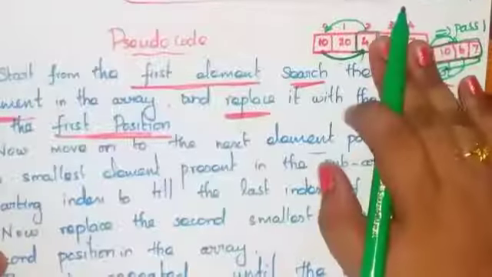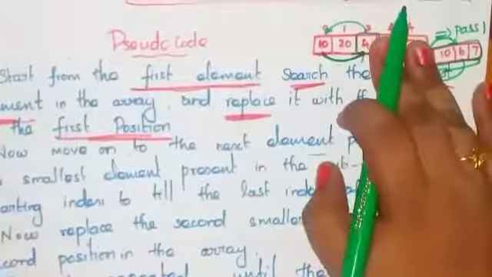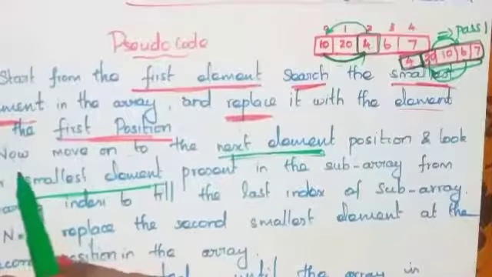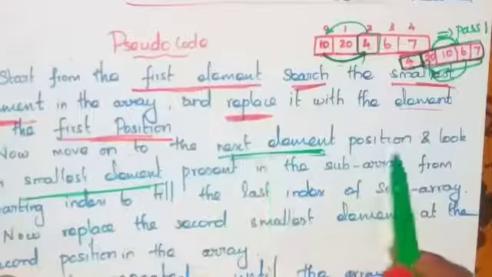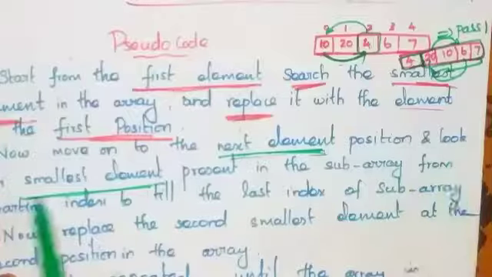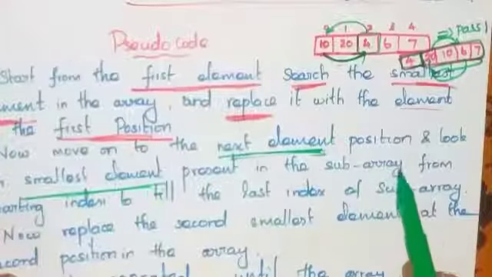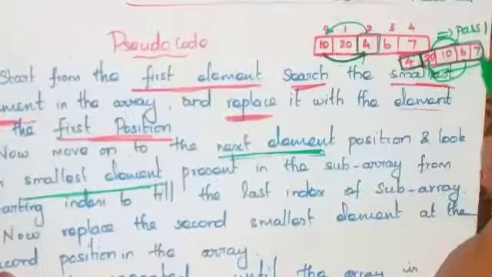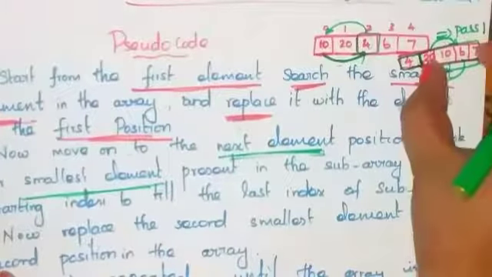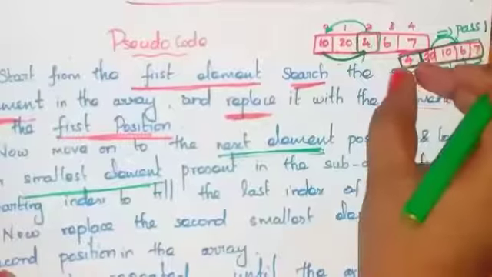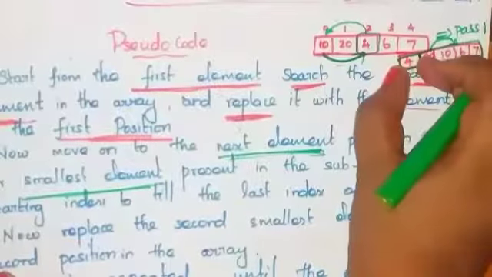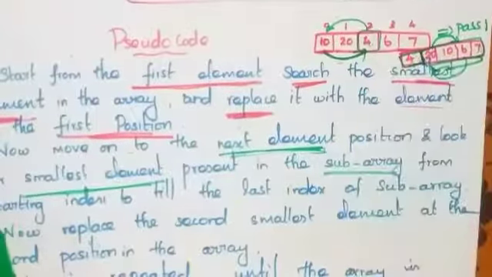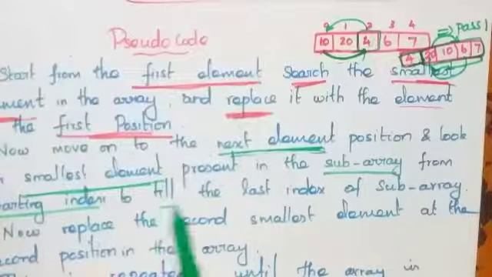Next, leave these 2 elements and take the next 3 elements. Now move on to the next element position and look for the smallest element present in the subarray. This subarray is called the sorted subarray, and this one is called the unsorted subarray, from the starting index till the last index.